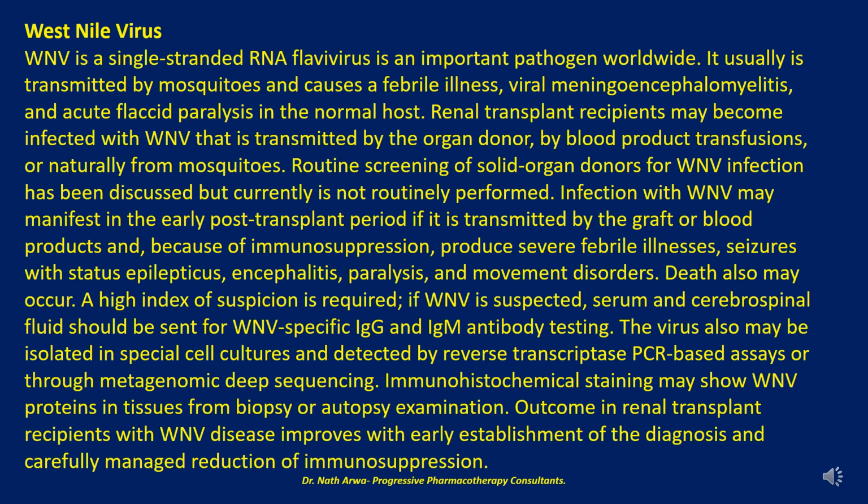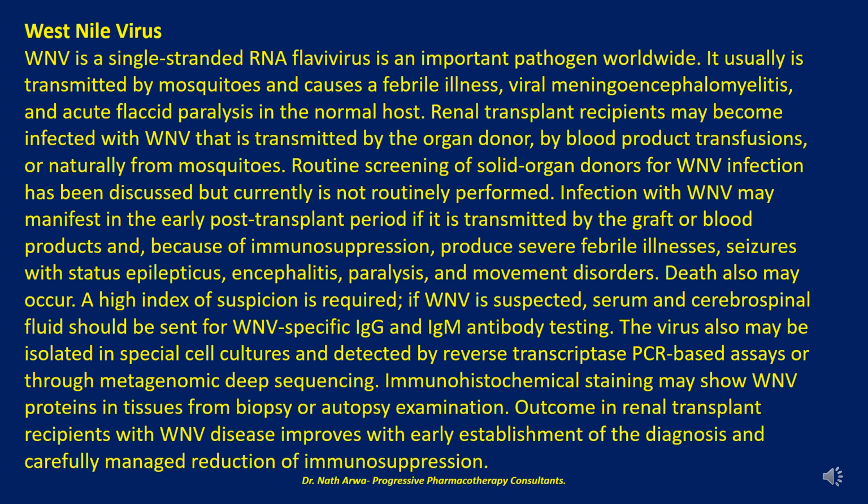If West Nile virus is suspected, serum and cerebrospinal fluid should be sent for West Nile virus-specific IgG and IgM antibody testing. The virus also may be isolated in special cell cultures and detected by reverse transcriptase PCR-based assays or through metagenomic deep sequencing.